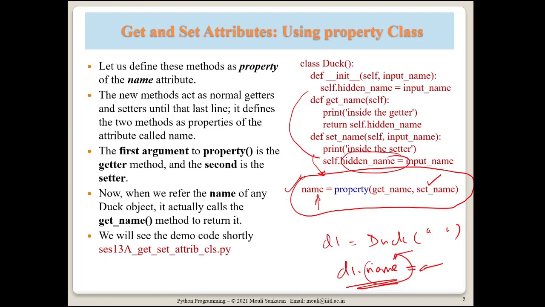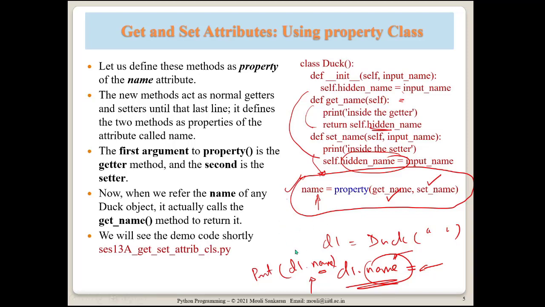So this name attribute refers to the hidden name inside the object. And similarly, if I print d1 dot name, I am trying to get the name value, then I will be calling this get name function object, which is returning the hidden name content. So we have given a new name to the hidden variable using this property class.